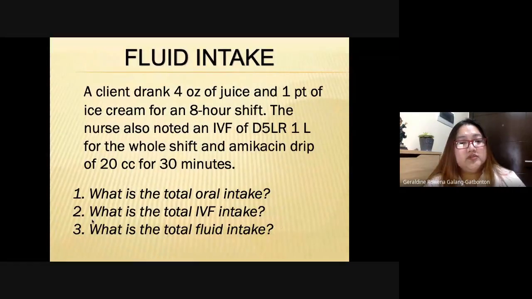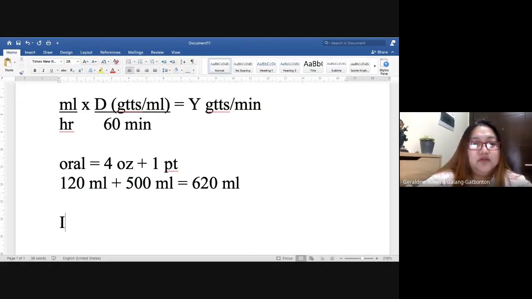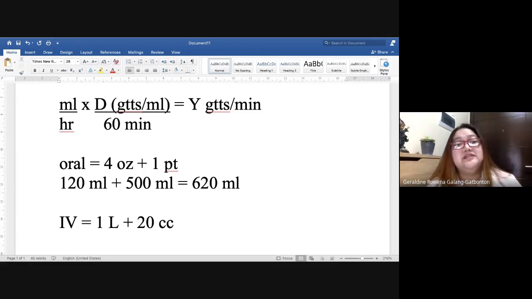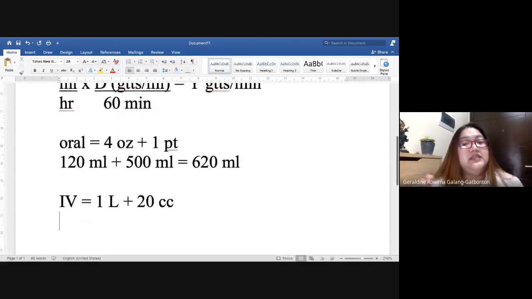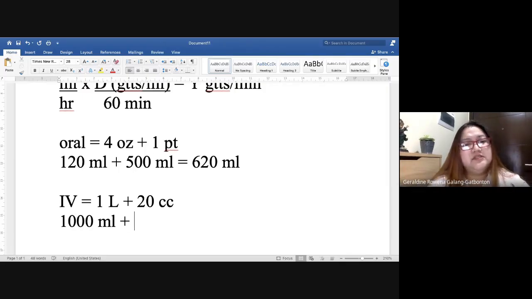Okay? Second question, what is the total IVF intake? So, IV, 1 liter of D5LR and 20 cc of amikacin. Again, it should be in ml, no? So 1 liter is 1,000 ml, and cc is equivalent to ml.